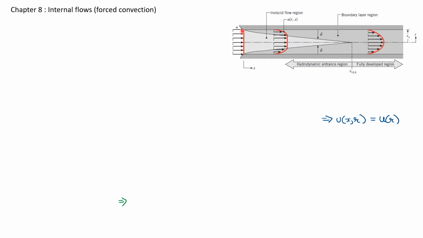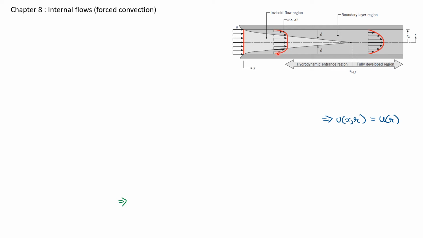So what happens is that your velocity profile at the entry will be uniform because your inlet velocity is uniform. In the entrance region, or the hydrodynamic entrance region, you'll see that your velocity profile gradually increases, and then there's a flat straight line, which means that the velocity here is still the same as your entrance velocity.